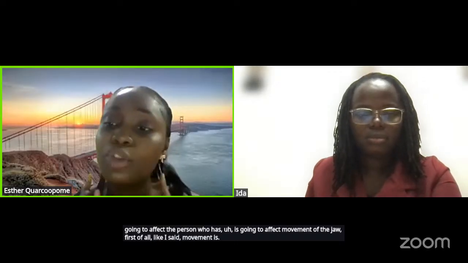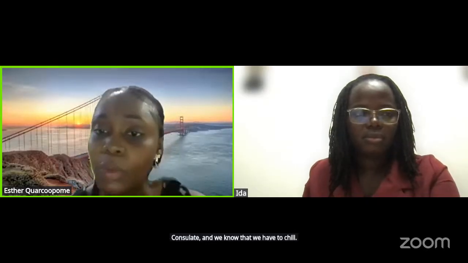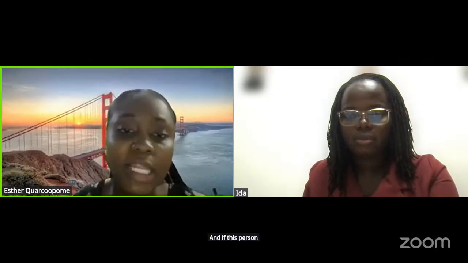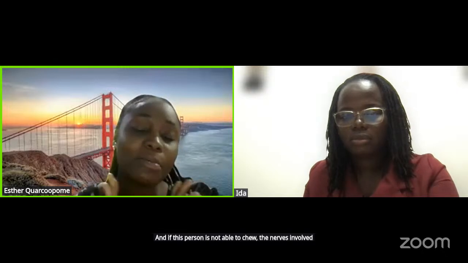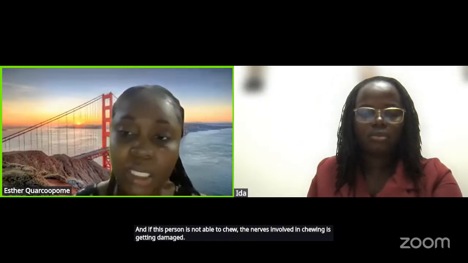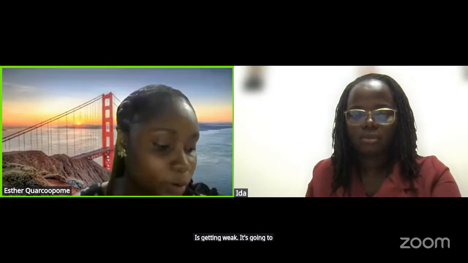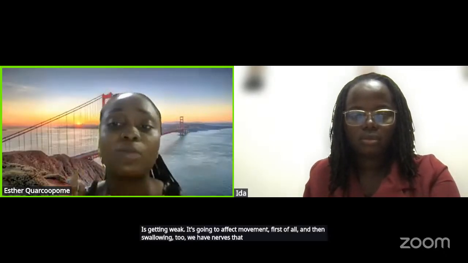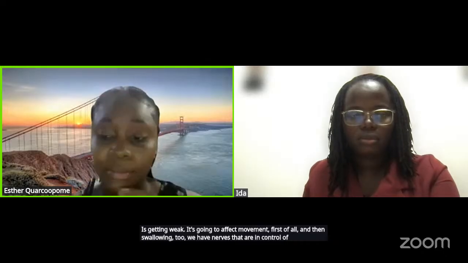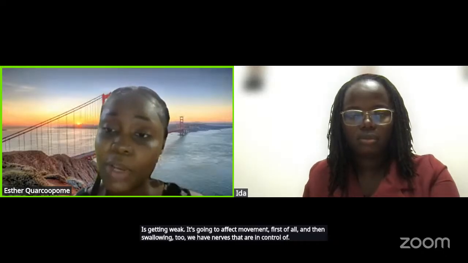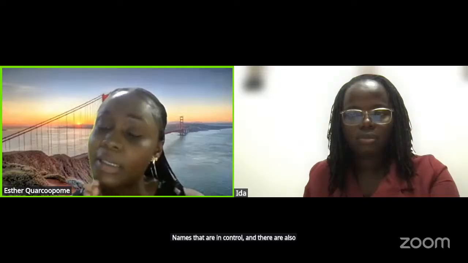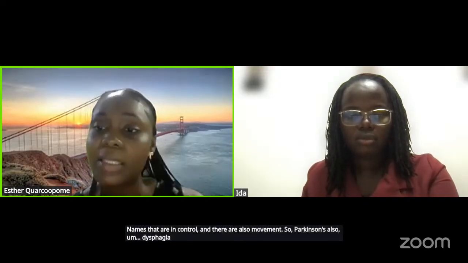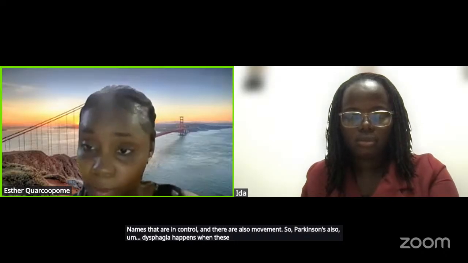And we know that we have to chew to swallow. If this person is not able to chew, the nerves involved in chewing are getting damaged, getting weak. It's going to affect movement, first of all. And then swallowing too, we have nerves that are in control, and they also involve movement. So with Parkinson's, dysphagia happens when these nerves are not working well.